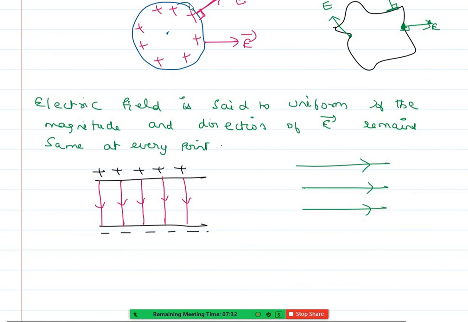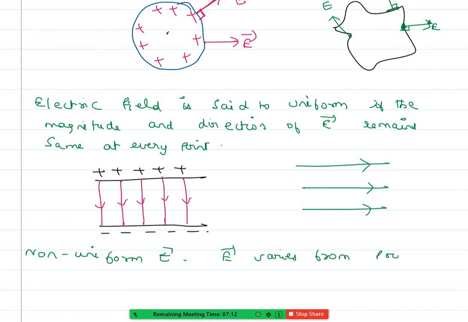Non-uniform field is the reverse of uniform. The electric field varies at different points, or you can write it varies from point to point, either in magnitude or in direction.